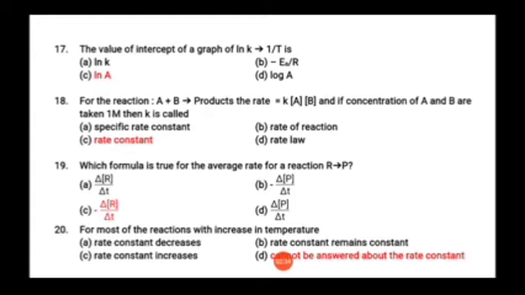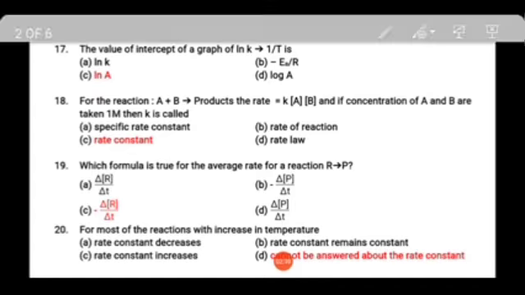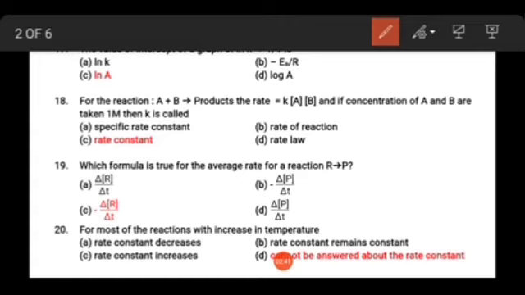So students, again it's the Arrhenius equation, so you must know what is the Arrhenius equation. So I'm writing over here, Arrhenius equation is ln k is equal to ln A minus Ea upon RT.